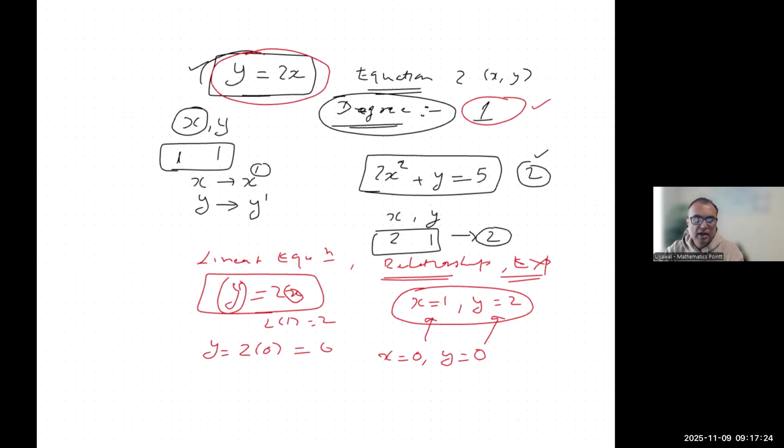So we have a relationship here. x spitting out y. You enter x, you get y. And I can do vice versa as well. But to keep this explanation simple, x is giving me y. That is why it is called a linear relationship.